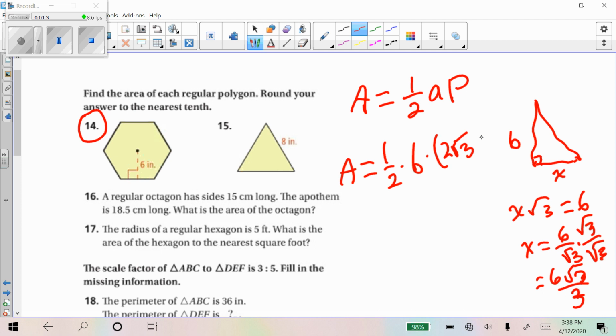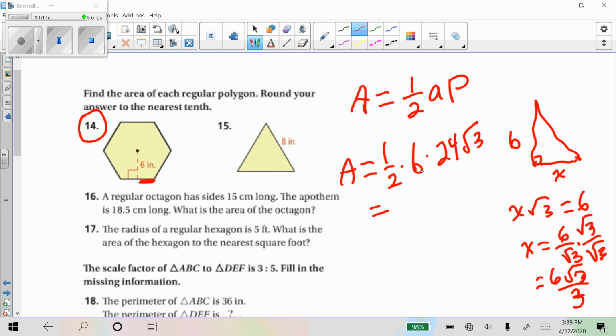But that's only half of this distance. So actually, if we double that, so make it 4 times the square root of 3, that would be one side, and then multiply that by 6 for the full perimeter, so that would be 24 times the square root of 3.